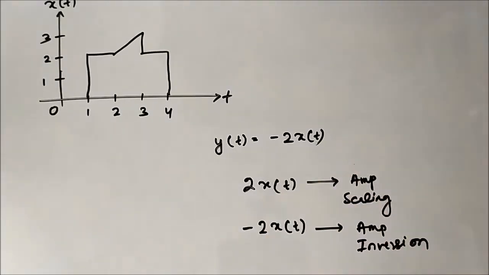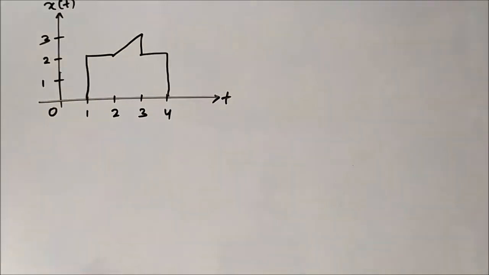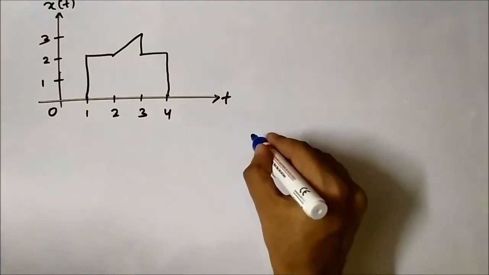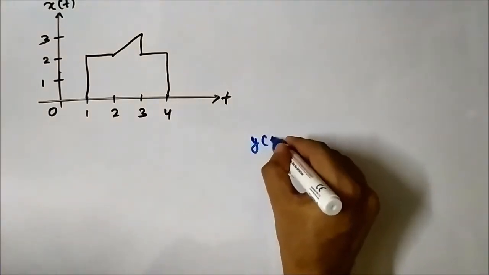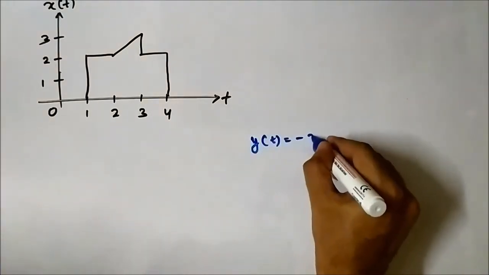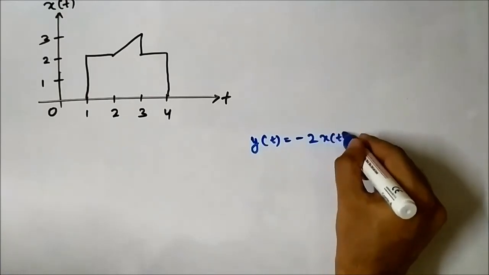So both these things will be done at the same time. Okay, so let us do it. We have to perform this operation y(t) equals minus 2x(t).